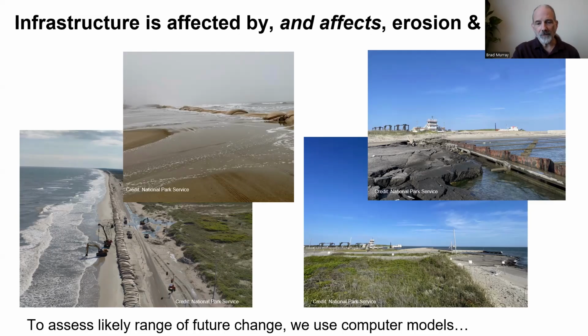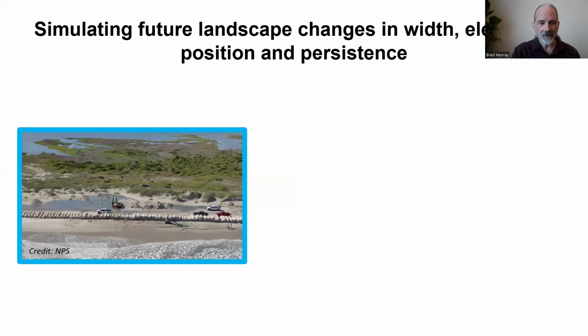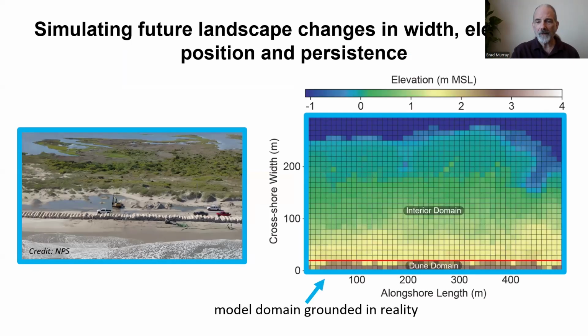Now, to use computer models to investigate this very coupled set of dynamics between the human processes and the natural processes, the main idea is to start by representing some section of the landscape with a model domain represented by the elevation in each of a lot of model cells. So elevation here is shown relative to sea level.